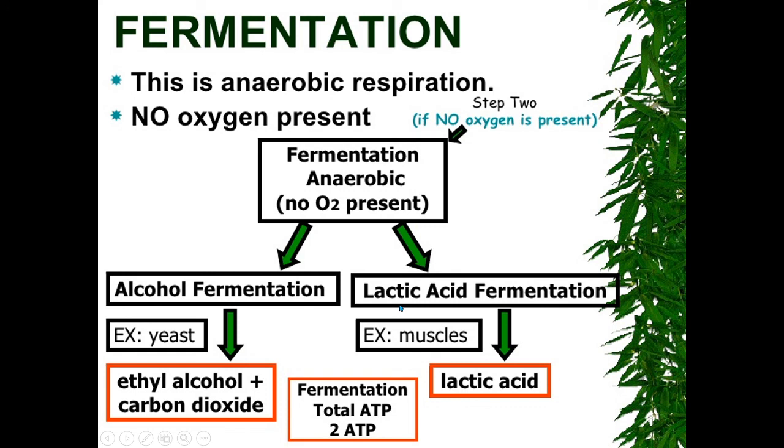NADH is utilized for reduction of pyruvic acid to lactic acid. Two molecules of lactic acid are formed, one lactic acid from each pyruvic acid. We have two pyruvic acids, so two lactic acids are formed here.